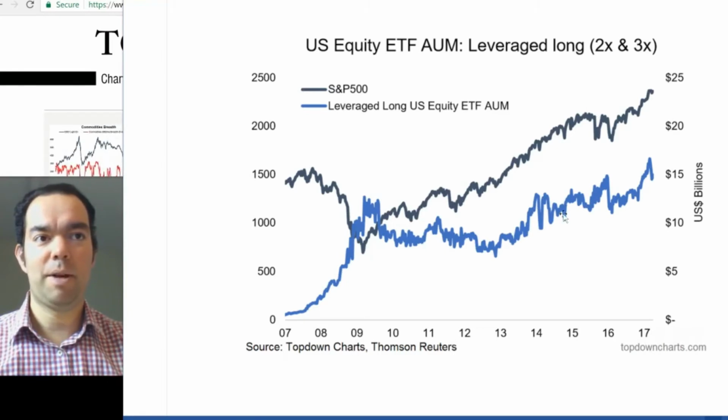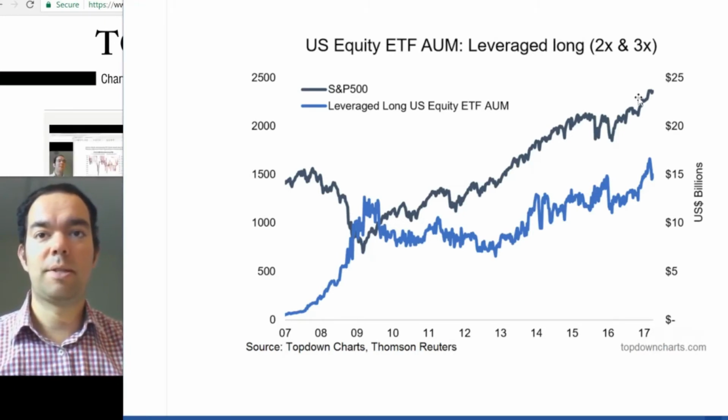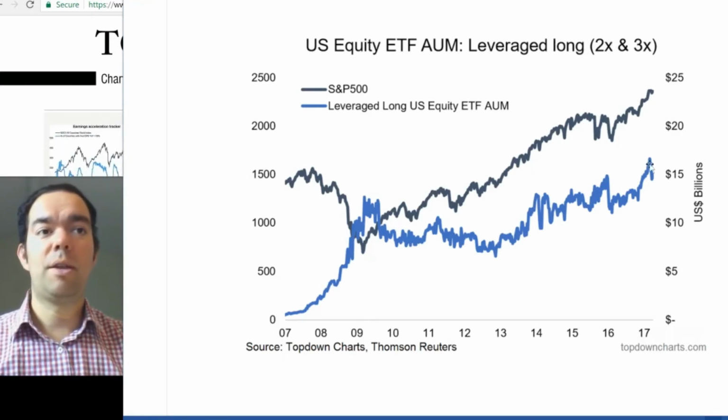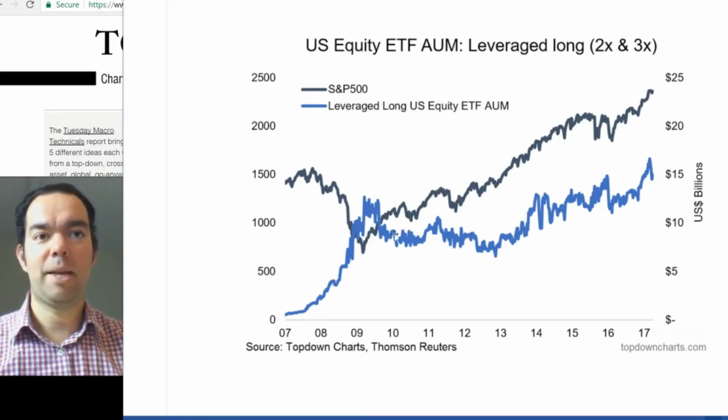But anything 50 million or above got included, and it's anything that was leveraged long, so 2 times or 3 times leveraged long, whatever the return of the index is times 2 or times 3. I added that all together, aggregated that, and that's what you see across time. That's the assets under management for each of those ETFs all aggregated together.